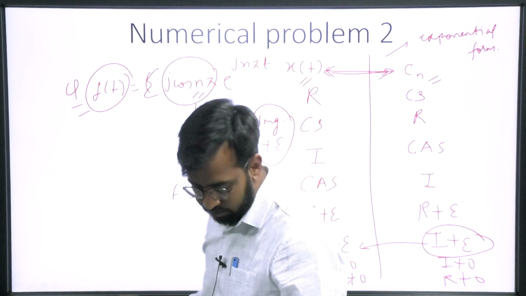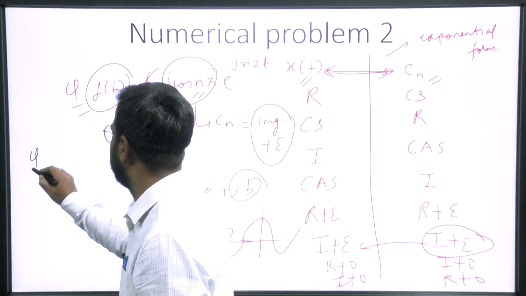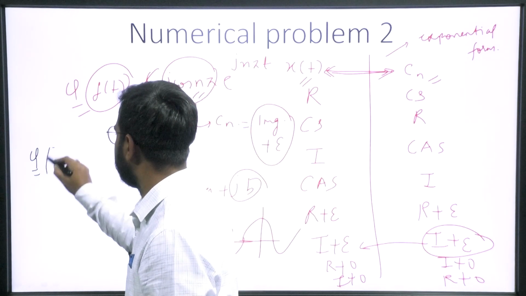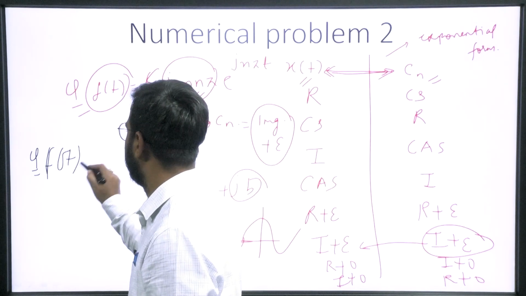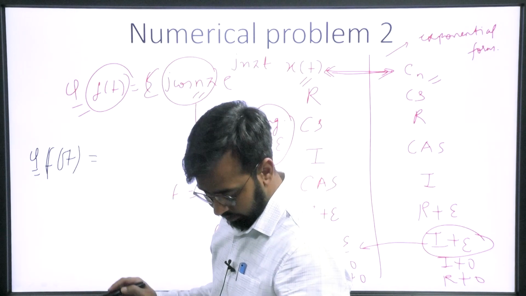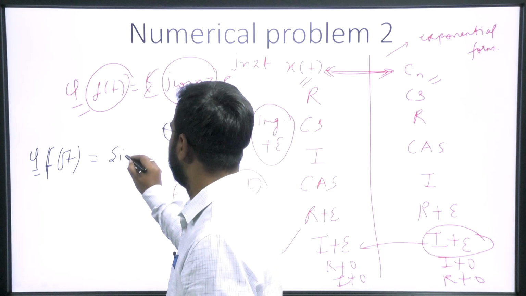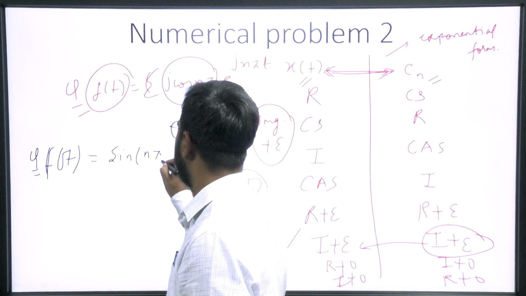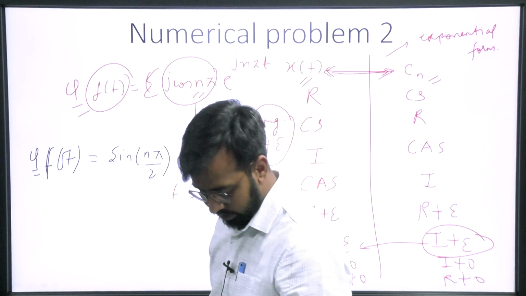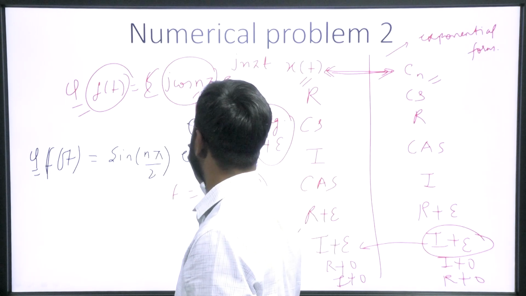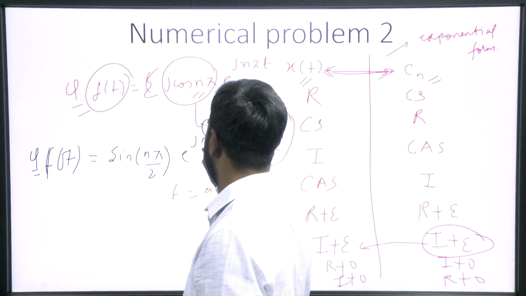See another problem, suppose there is another function f t is equal to sin n pi by 2 and e to power j n pi by 2.